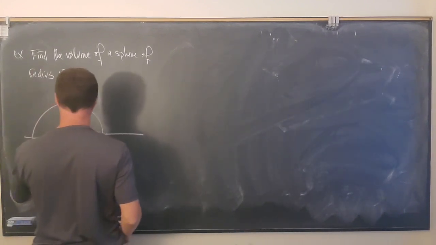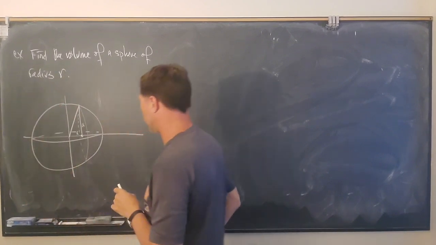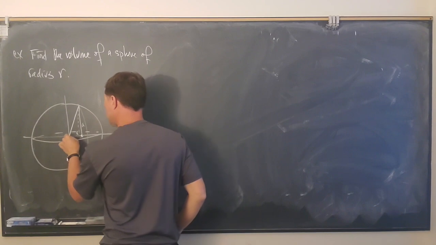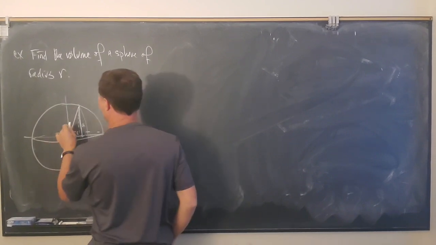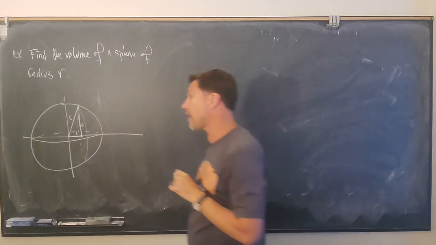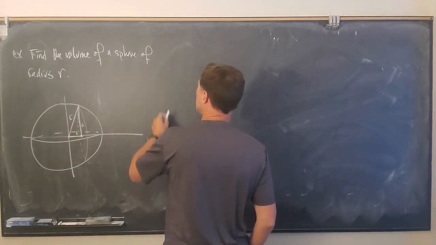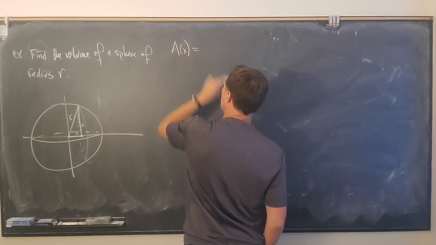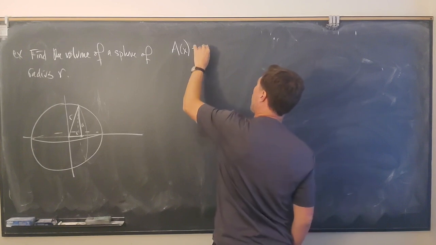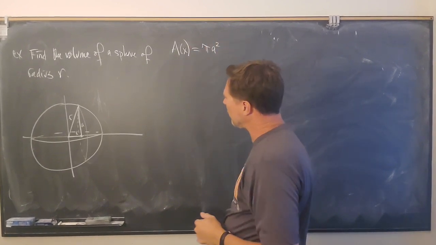And so notice that we've got a little right triangle in here. And that distance right there, that's a radius of the original sphere, so that's equal to r. So what we know is that the area at position x is equal to pi times a squared. So let's see now, what do we know?